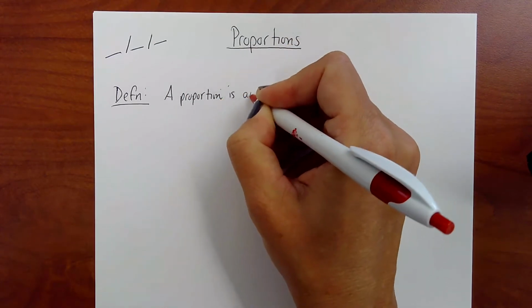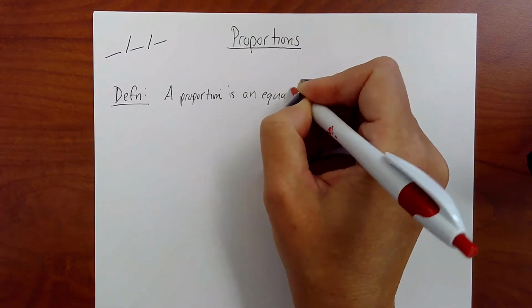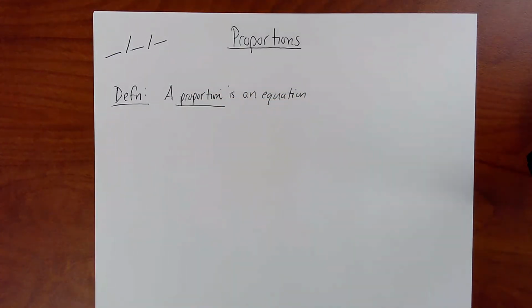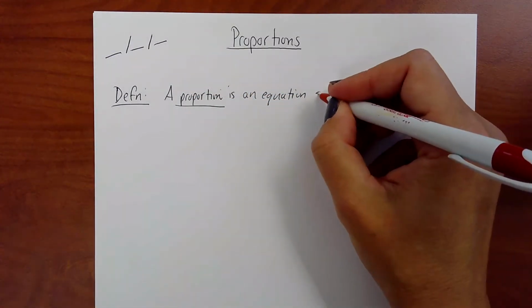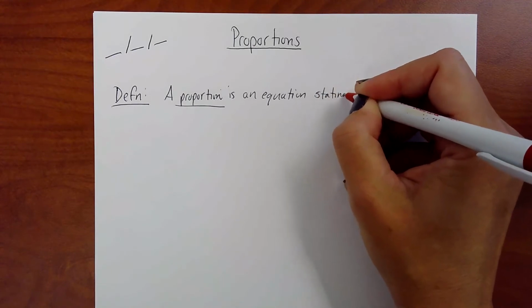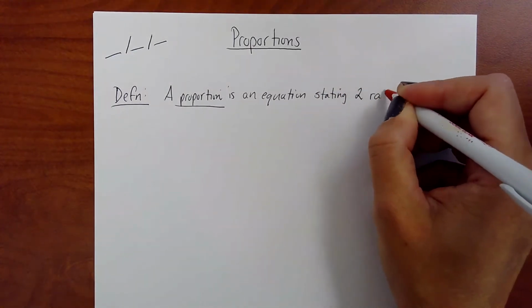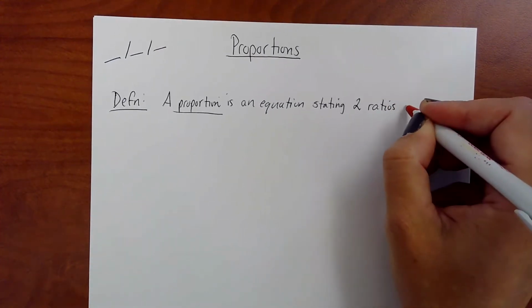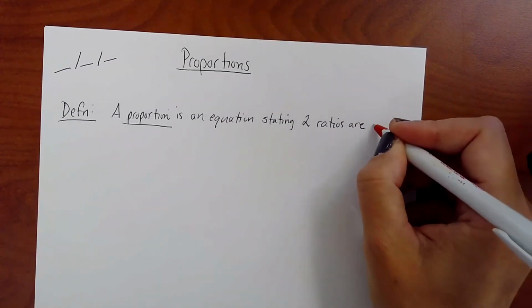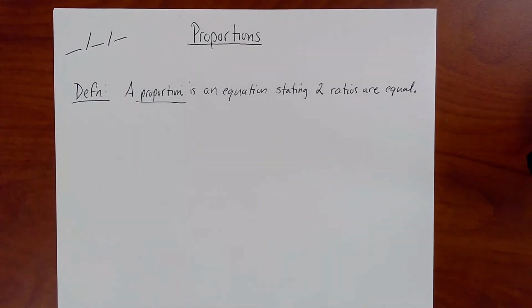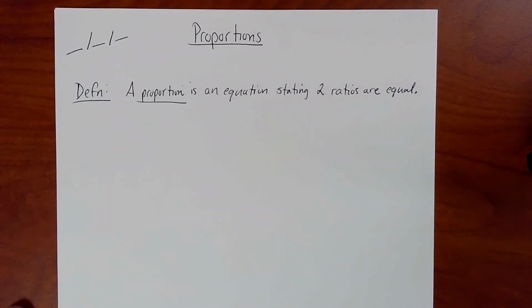A proportion is an equation stating two ratios are equal. So a proportion is an equation stating two ratios are equal.